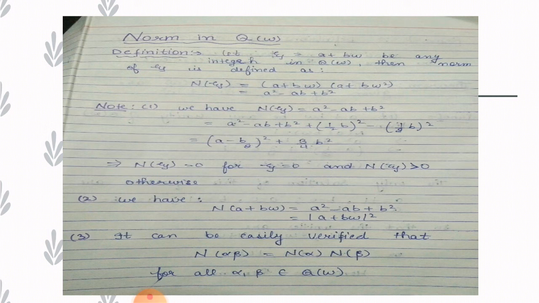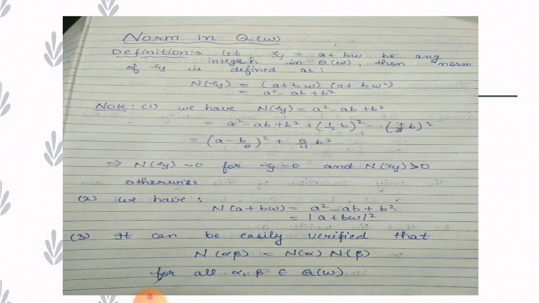On solving that, we get a minus b by 2 whole square plus 3 by 4 b square. That implies that norm of xi is equal to 0 for xi equal to 0, and norm of xi is greater than 0 otherwise.